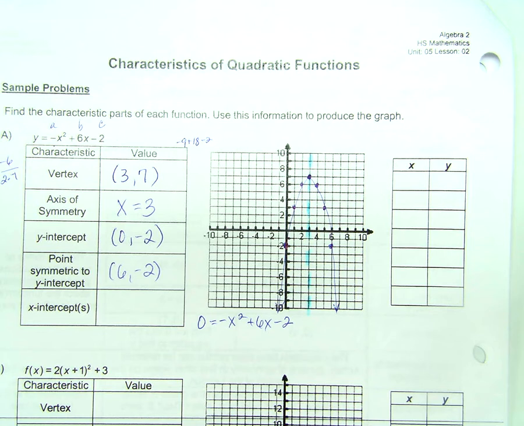So AC would be a positive 2. So what two numbers multiply to be positive 2 and add to be 6? Yeah, I can't think of any either. Okay, so we would have to use the quadratic formula to solve for those.